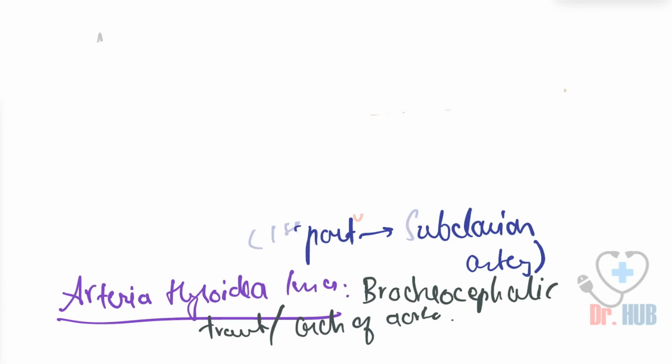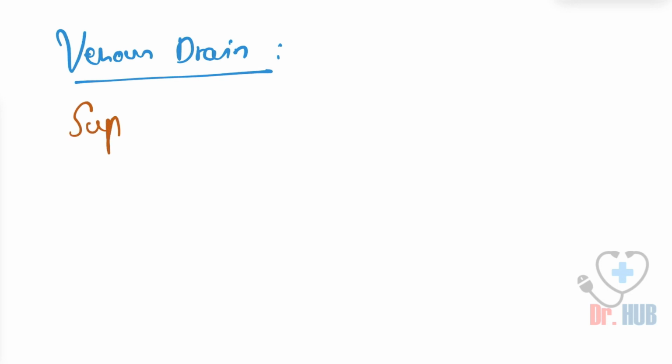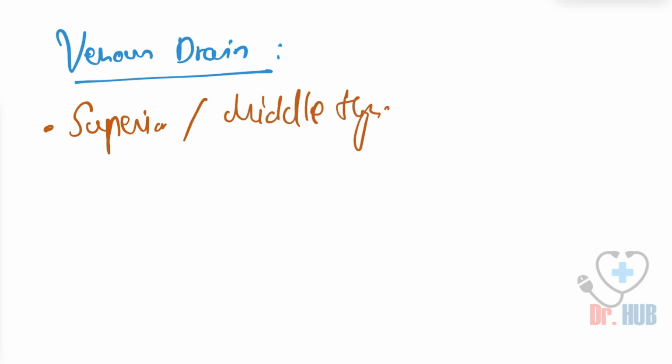Now moving ahead, we'll look at the venous drainage. The venous drainage includes the superior and the middle thyroid veins.